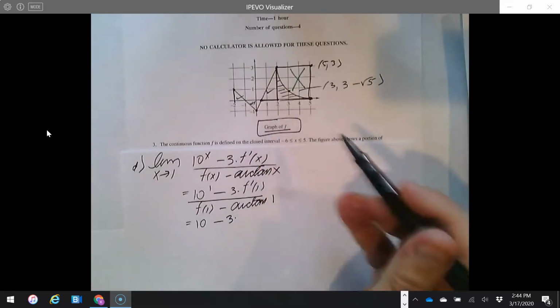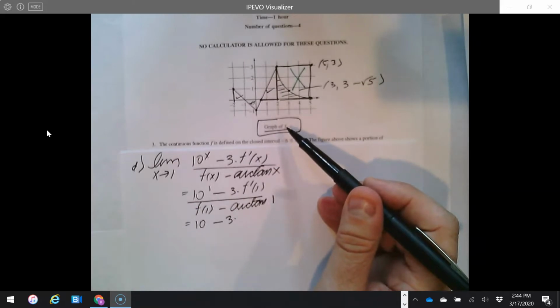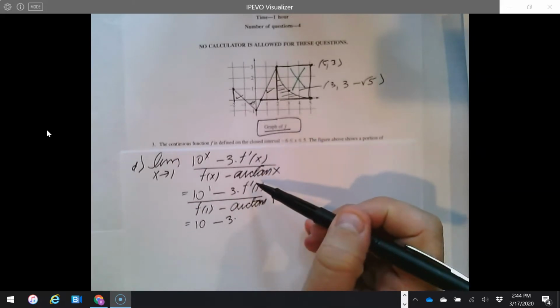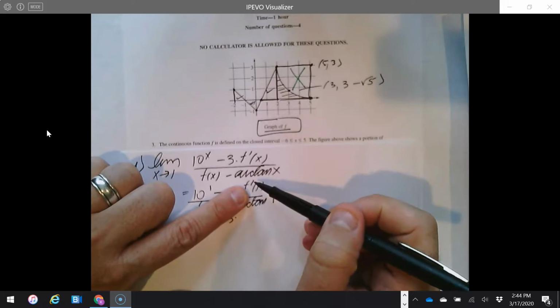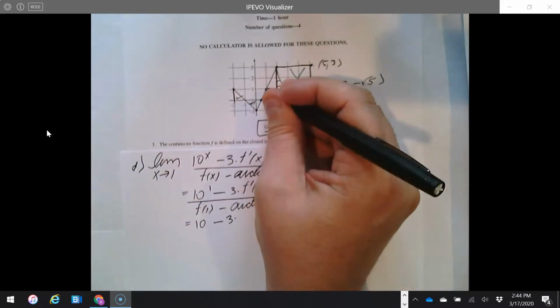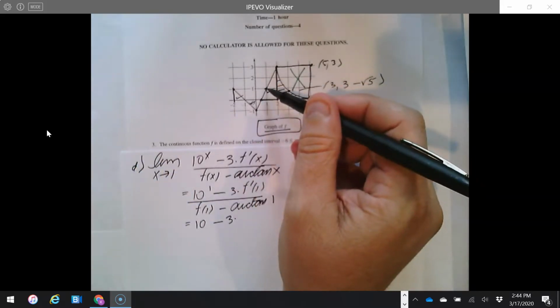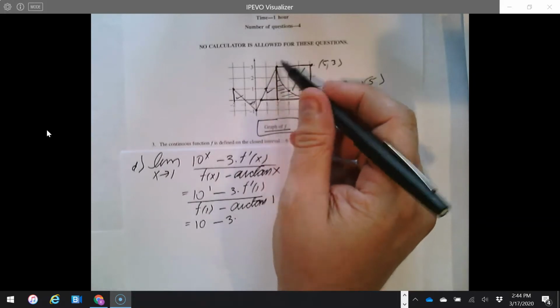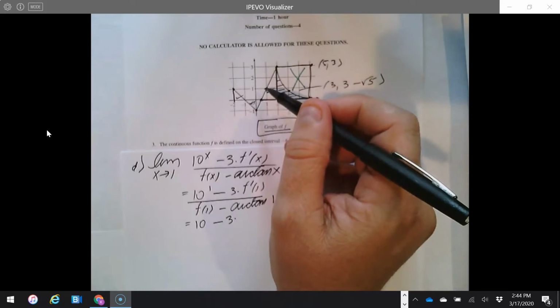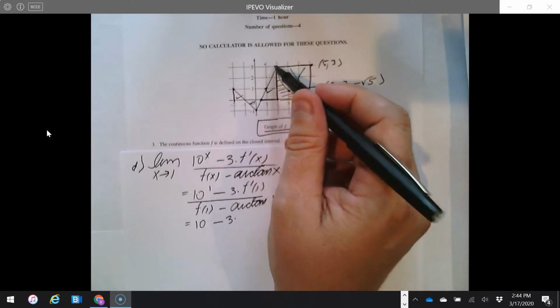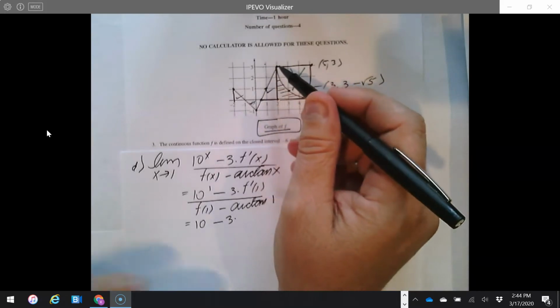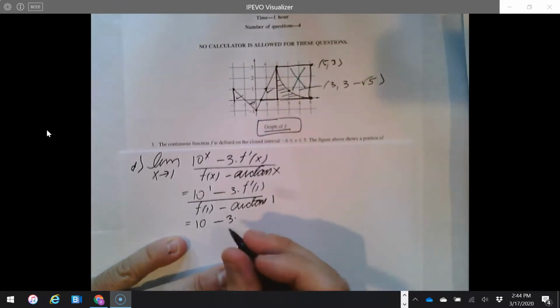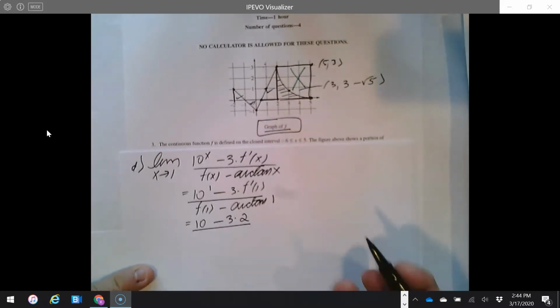Remember, this is the graph of f. F prime means slope of the tangent line at 1. How am I going to find the slope of the tangent line? It's the same as the slope of the line that I'm on. The slope of the line, I can do rise and run. Rise 2, run 1. So that's going to be 2.